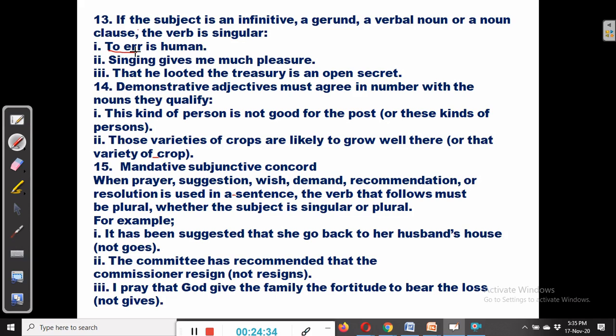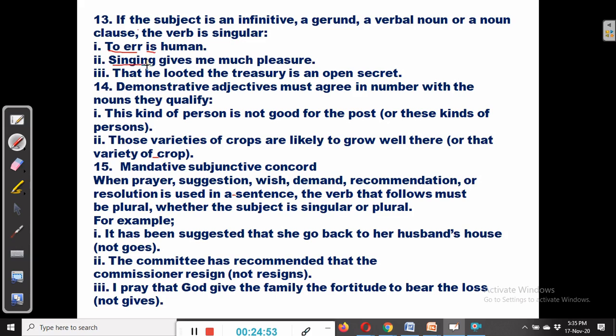So this is an infinitive. To err is human. So we are saying that when you have an infinitive, of course, it takes a singular verb.